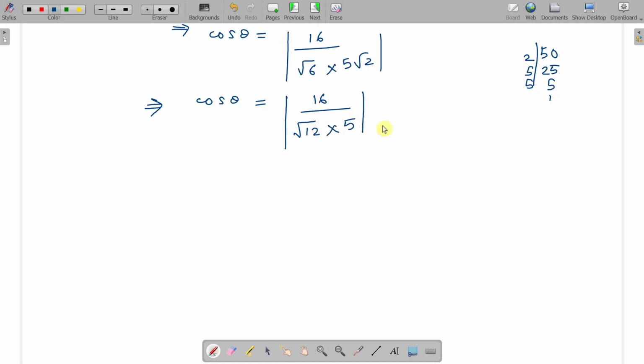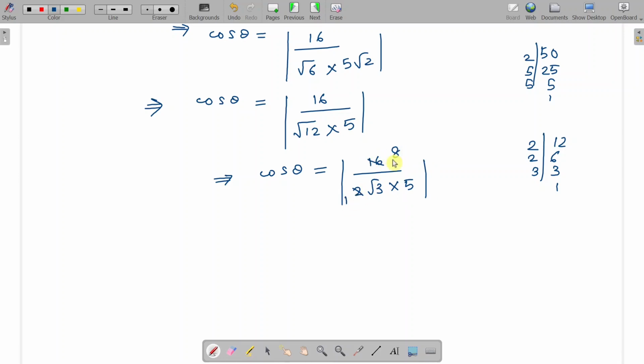Okay, so root 12 if you want to find out, so factors of 12, 2 6s are 12, 2 3s are 6, 3 1s are 3, so that means cos theta will be equal to 16 by 2 root 3 into 5. Okay, so 2 1s are 2, 2 8s are 16, so what we will get is cos theta equal to modulus of 8 by 5 root 3.